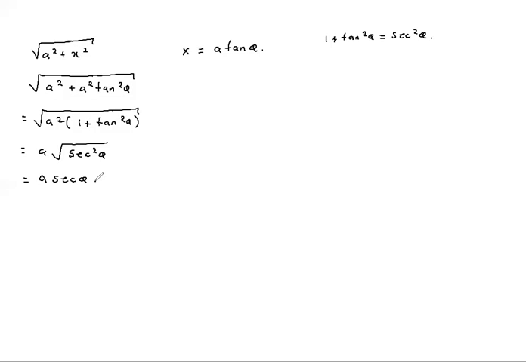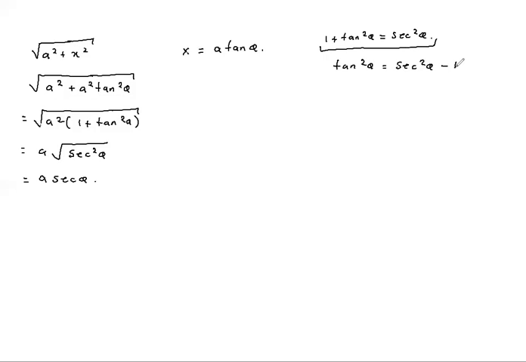So if we swap the inside from this relationship, we also have that tan squared theta is equal to sec squared theta minus 1.